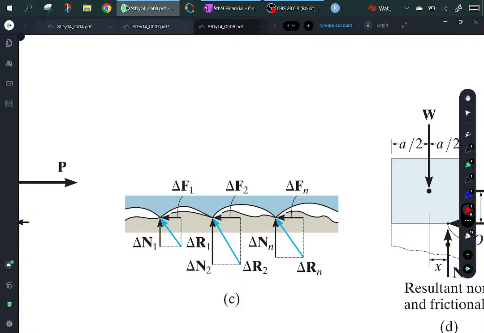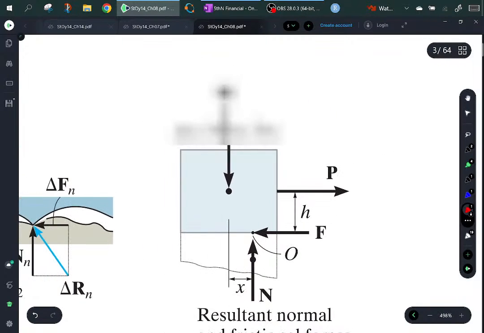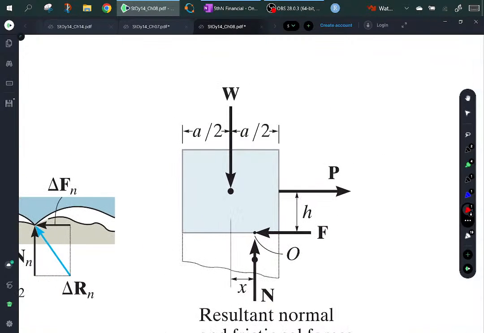And you could think of it as maybe one of them might be softer than the other. That's another thing. But they're saying that to move up over these bumps requires a little extra force. And because of that, your free body diagram might look something like that.